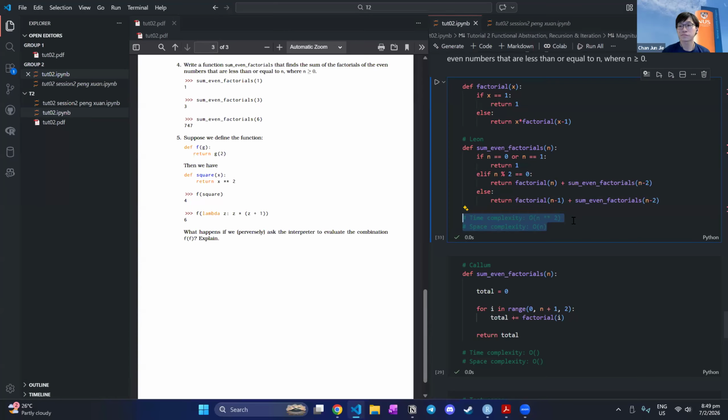All right, can you explain? For time complexity, I have two recursions going on. First of all is the sum even factorials function, within either the elif statement or the else statement. So that will already contribute O(n). And then factorial on its own, the function is not defined here, but the actual function would have another recursion altogether.